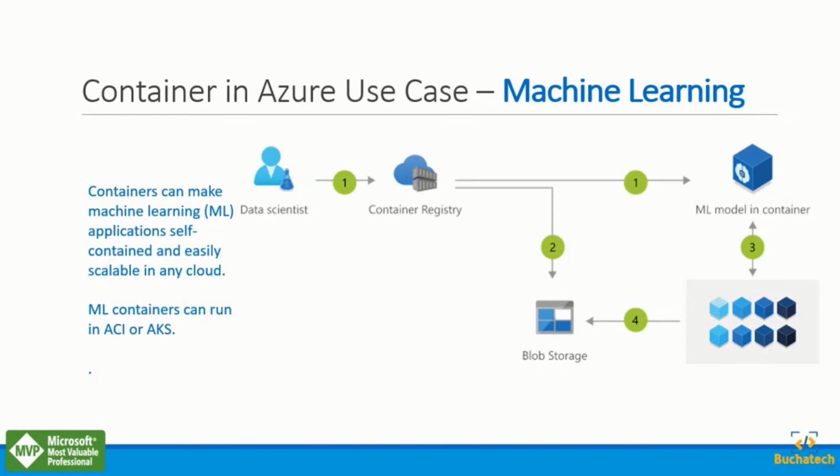You can run them in a container, and you can build your models maybe on your machine, containerize them, push them up to a cloud service like Azure, and go ahead and have them run there.